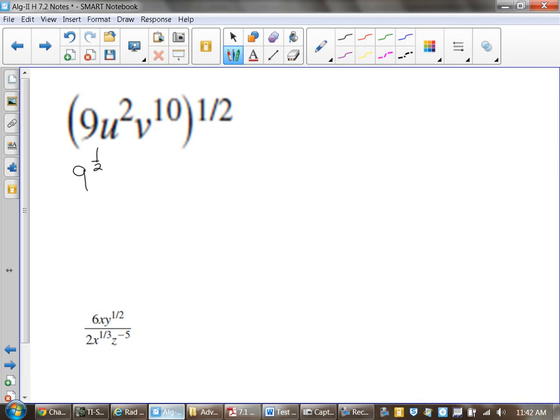When you have power to power, what do you do with the exponents? Do you add them or multiply them? What's 2 times 1/2? 1. What's 10 times 1/2? What's 9 to the 1/2? 3. Remember, you're sending this to all 3 terms using the rules of exponents, and simplifying it that way.